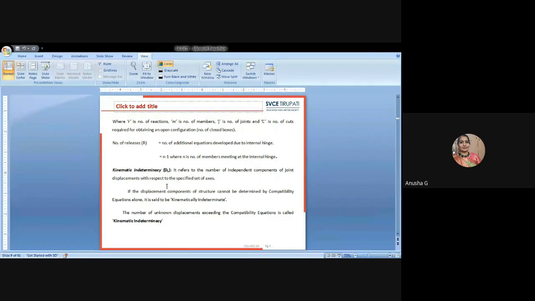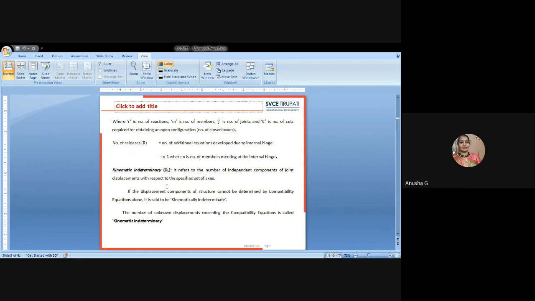That will be kinematic indeterminacy. Kinematic indeterminacy refers to the number of independent components of joint displacements with respect to the specified set of axes.